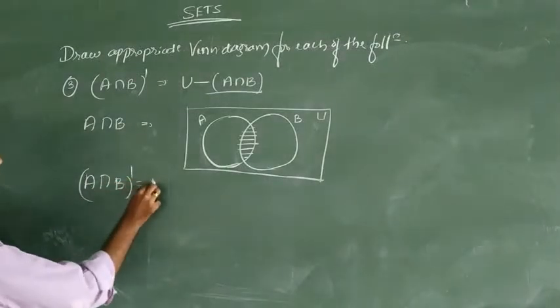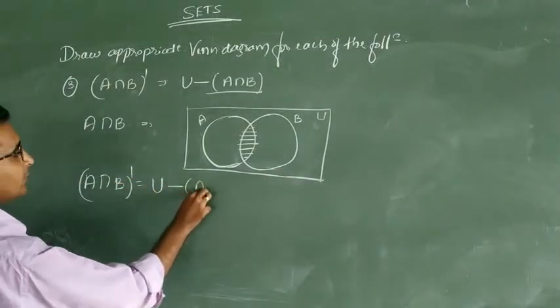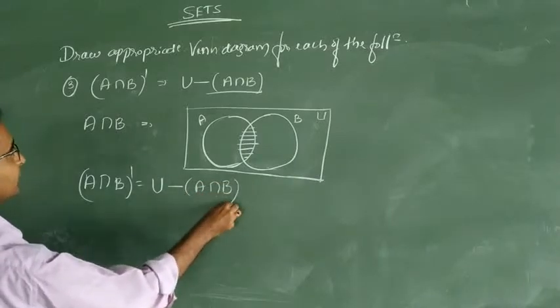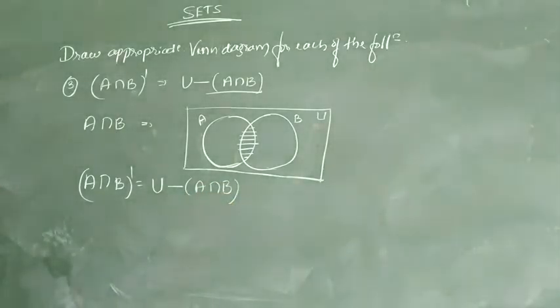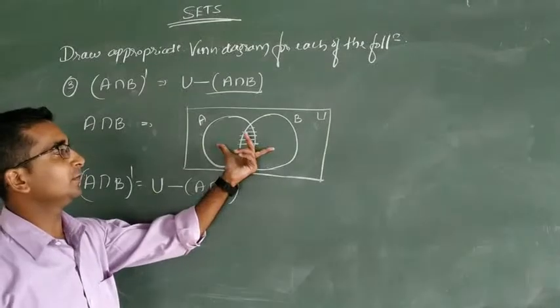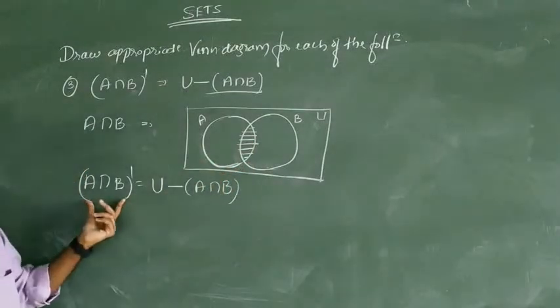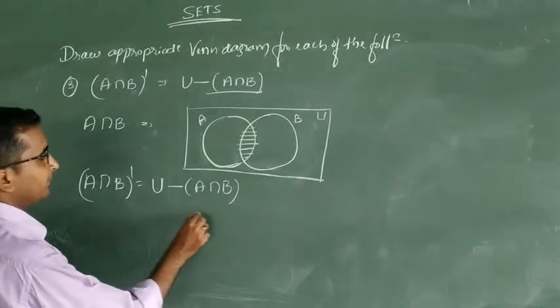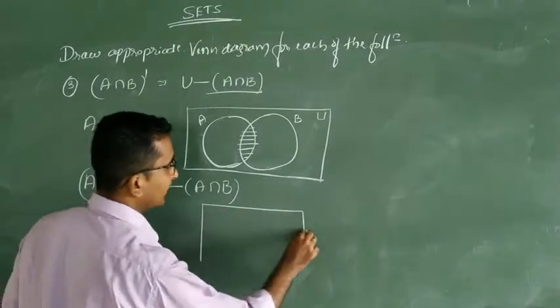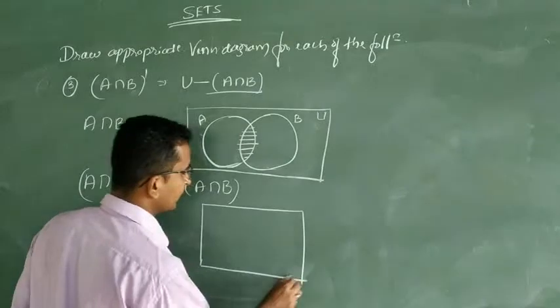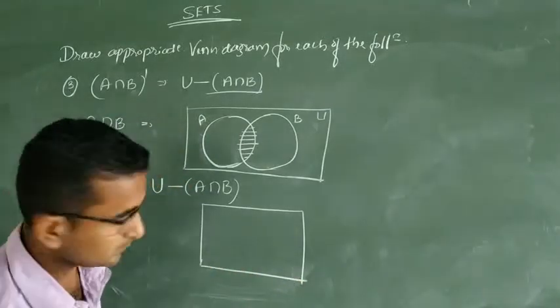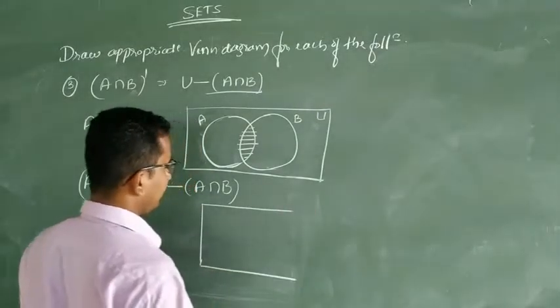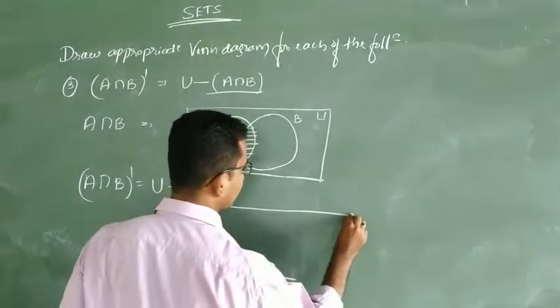The elements which are present in U but not in A intersection B. Leaving out A intersection B, what is the remaining region? The opposite diagram, that is nothing but A intersection B whole dash.